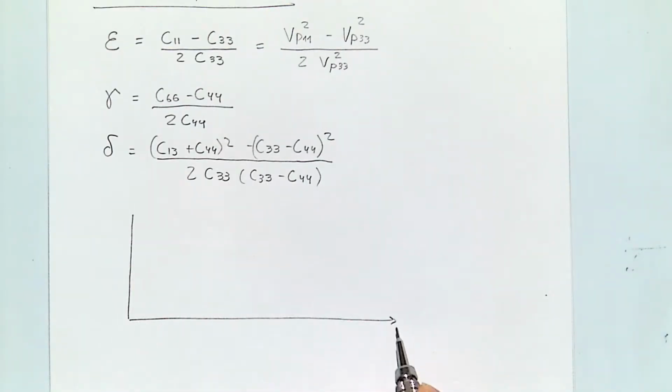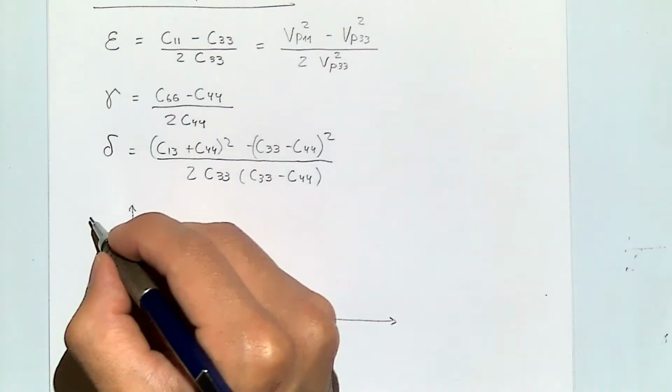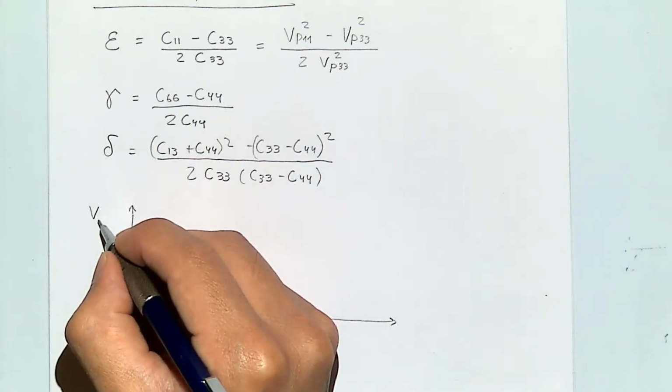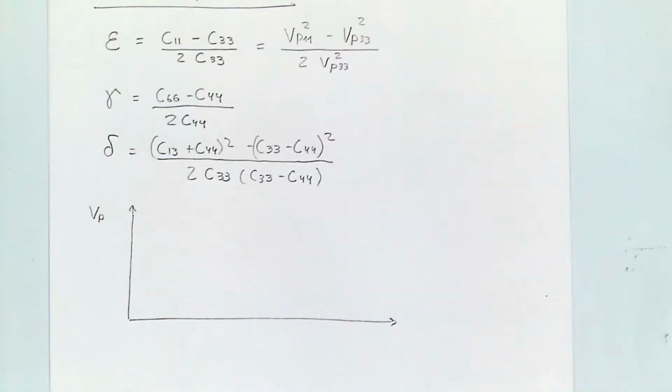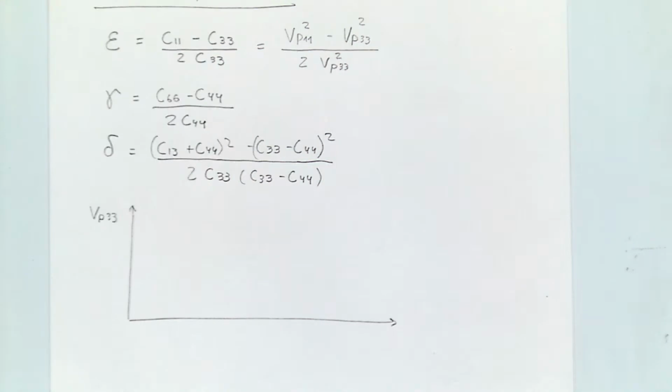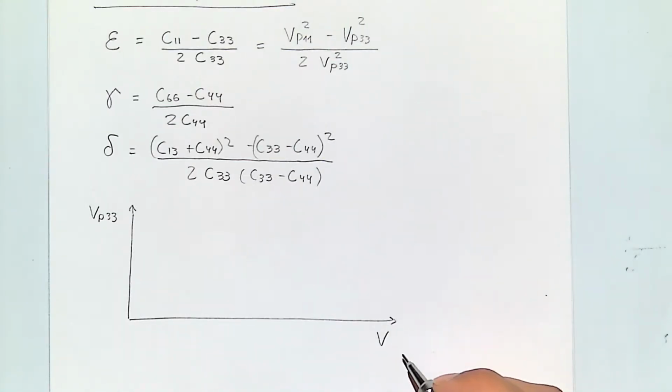Let's plot the P wave velocity in direction 3 on the y-axis, and on the x-axis the velocity.